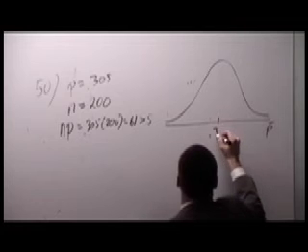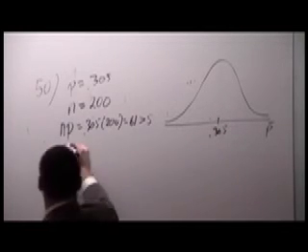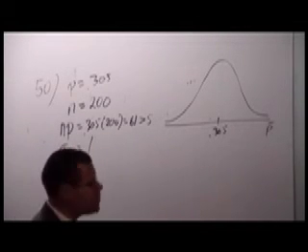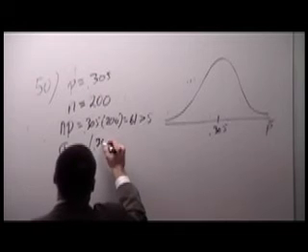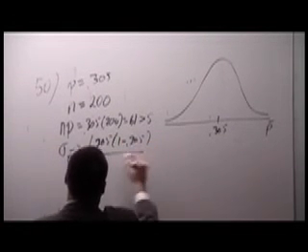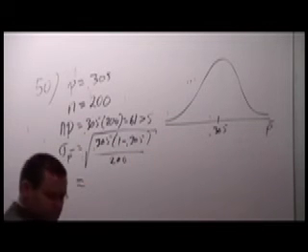The mean is 0.305 and the standard deviation is the square root of P(1 minus P) over N. So that's 0.305 times 0.695 divided by 200, which is roughly 0.033.